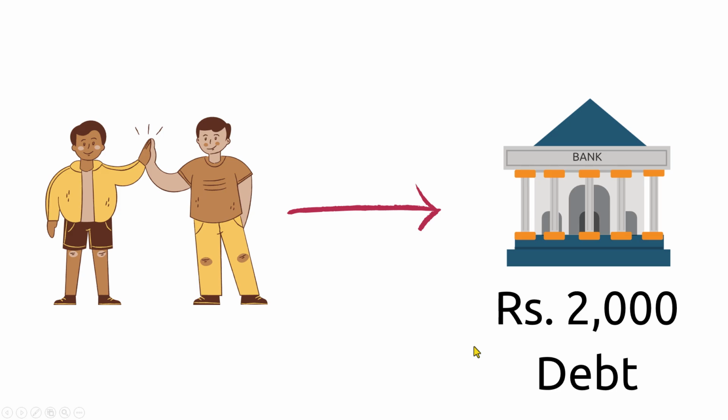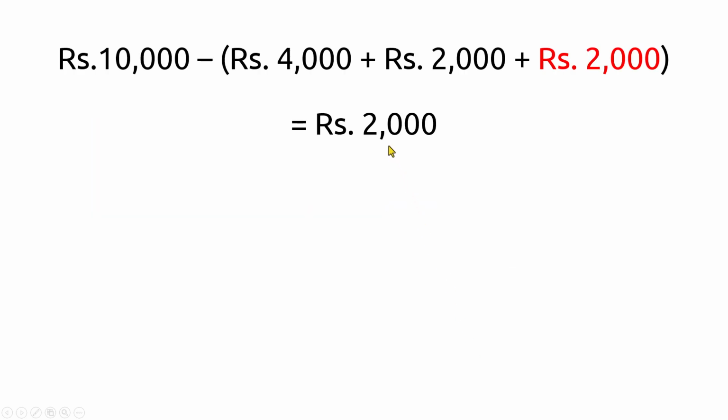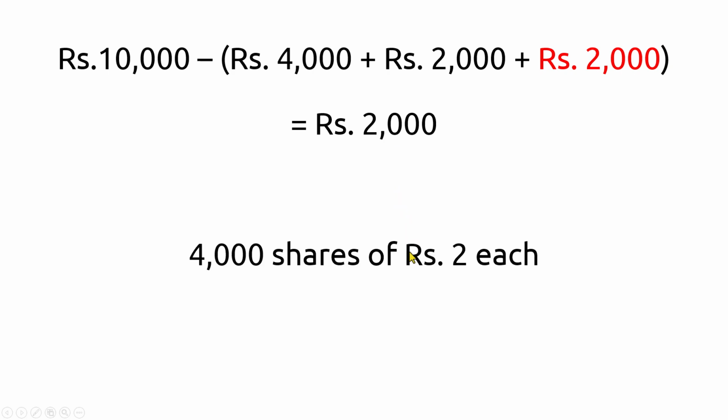So now they have 8,000 rupees and 2,000 more is required. So they split the company into 4,000 shares of 2 rupees each. Now, this price is arbitrarily set by the promoters of the company. There are no set rules to set this price.